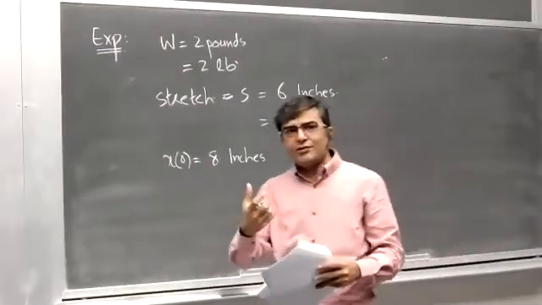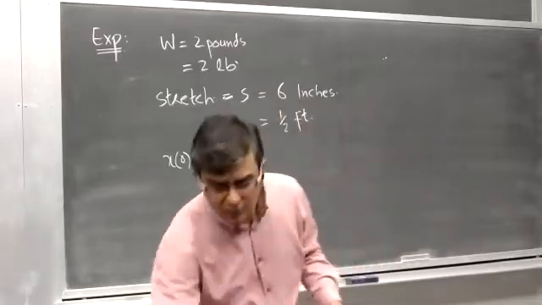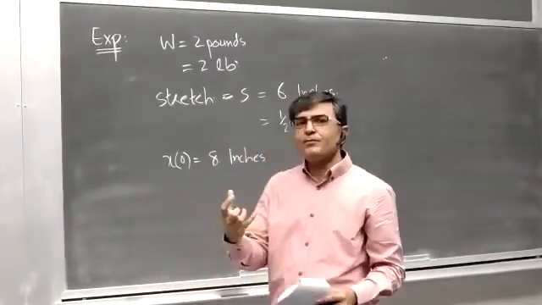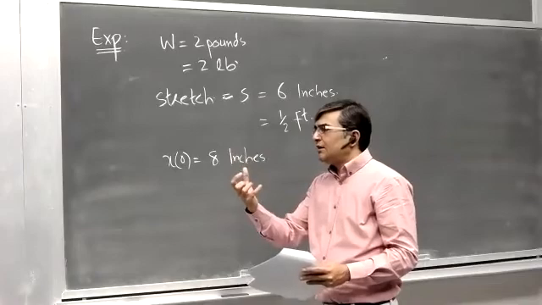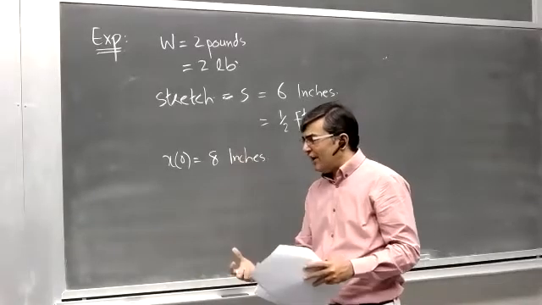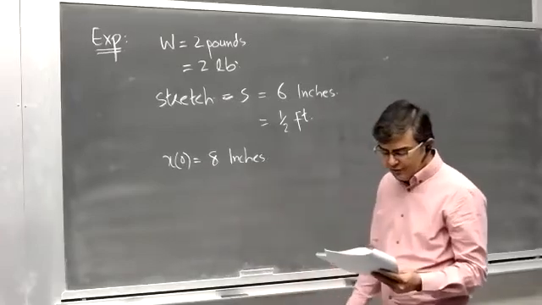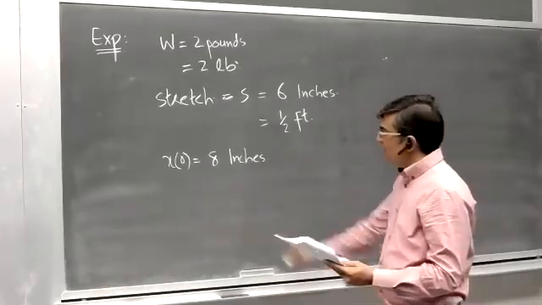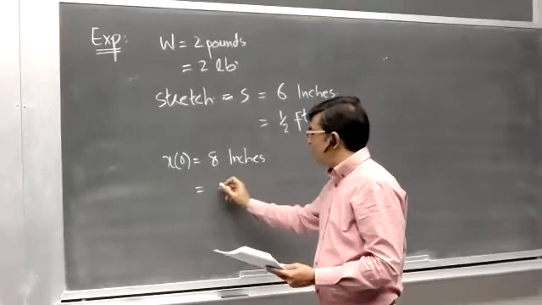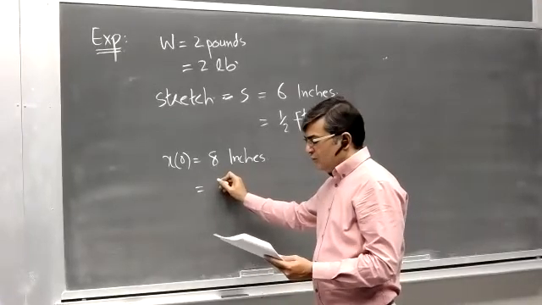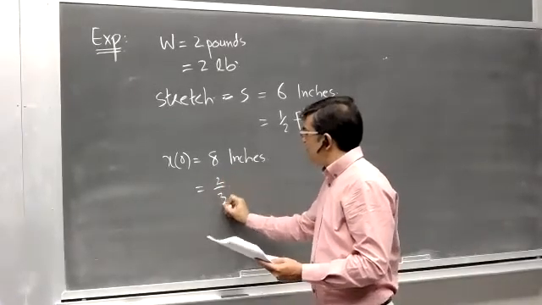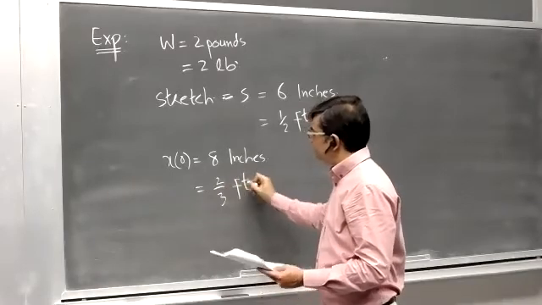When the mass is attached to a spring and you stretch it down, the spring will be stretched from the equilibrium position. So it will give us x of 0 is equal to 8 inches, or you can say 8/12 feet, which is 2/3 feet.